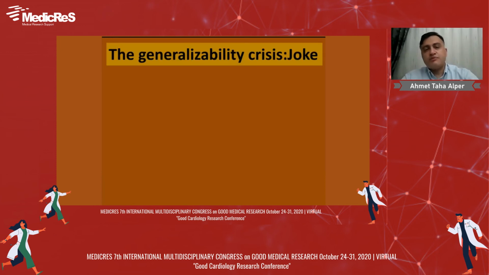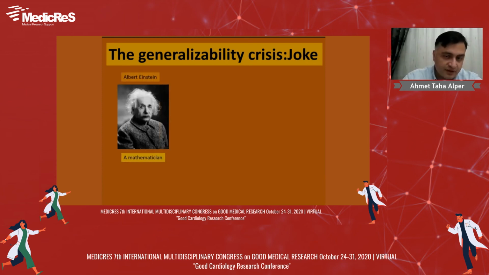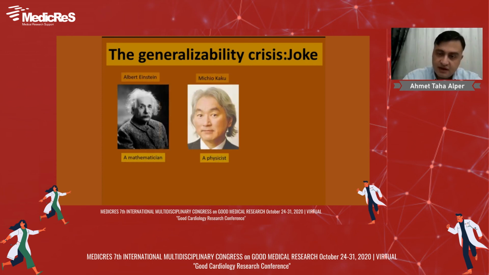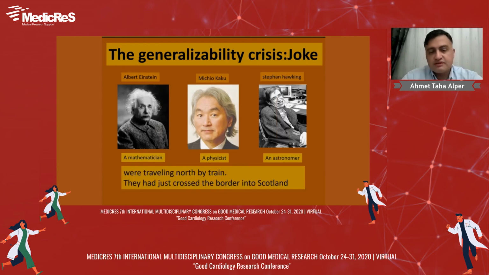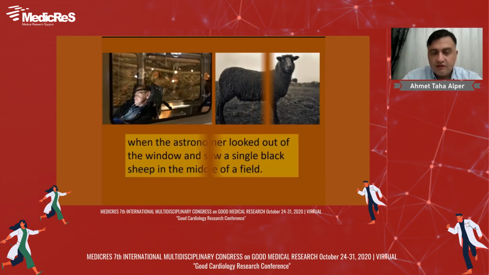I'd like to finish my presentation with a joke. A mathematician, a physicist, and an astronomer were traveling north by train. They had just crossed the border into Scotland, when the astronomer looked out of the window and saw a single black sheep in the middle of a field.